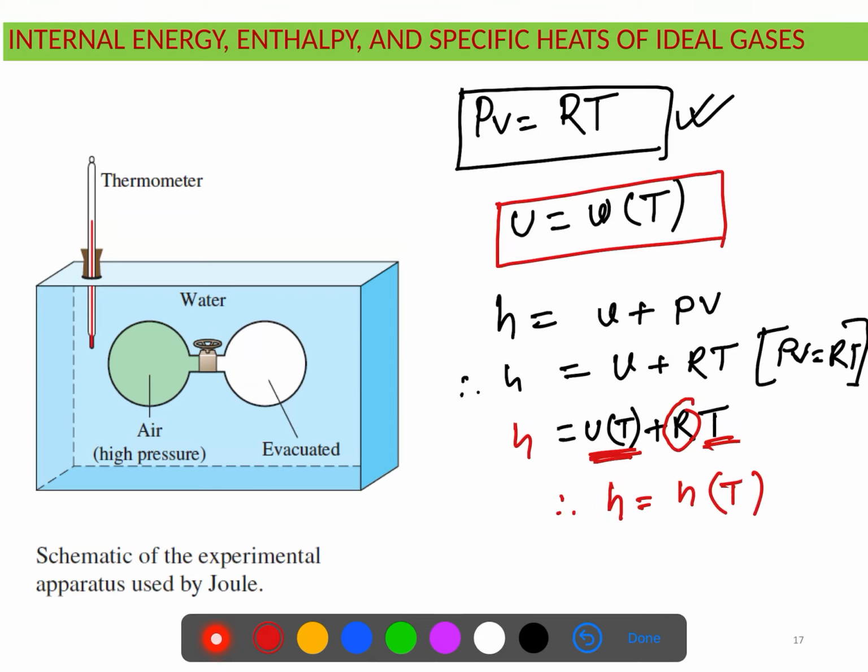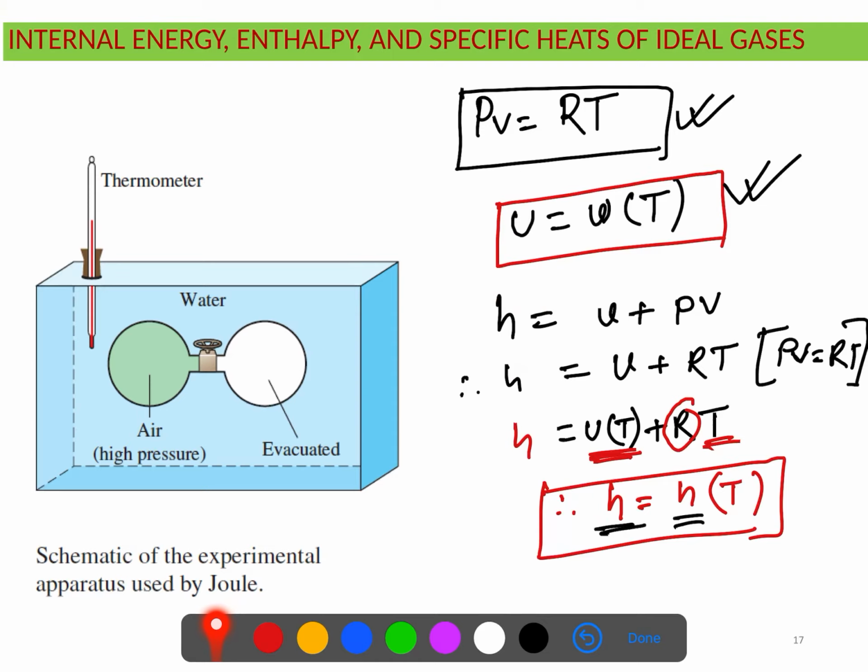What we said here is that the internal energy is only a function of temperature. Here we found the enthalpy is also a function of temperature. That's the relation we developed from the internal energy and the enthalpy definition.